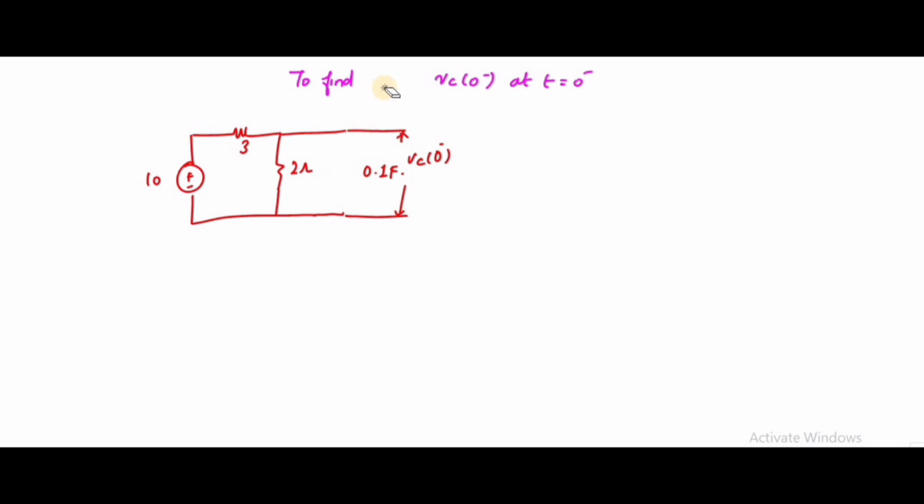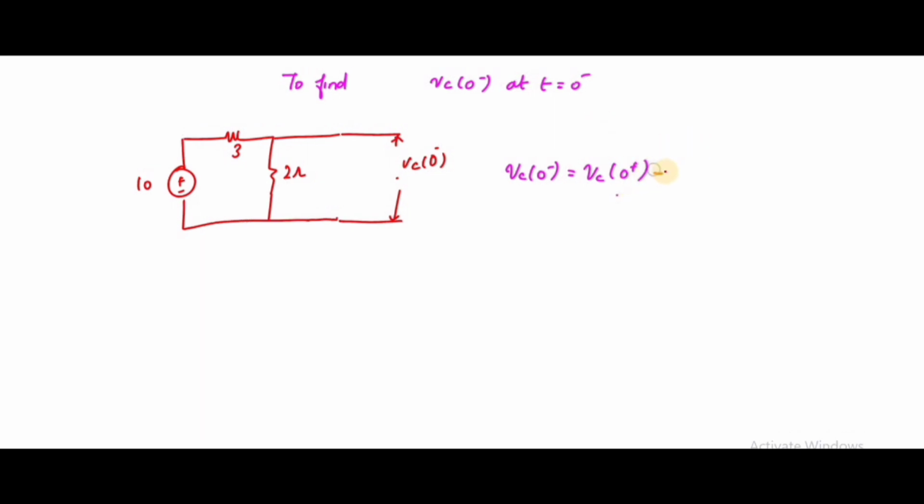Therefore Vc of 0 minus, which is equal to Vc of 0 plus, is 10 into 2 divided by 2 plus 3, that is 20 divided by 5, which is 4 volt.